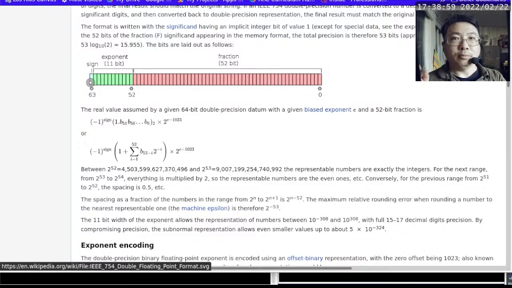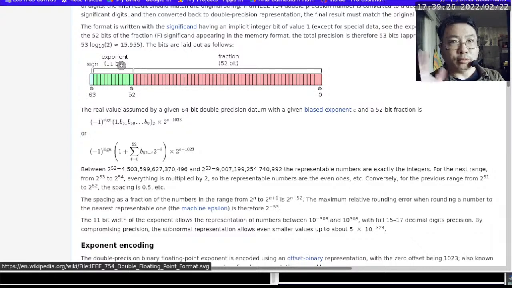It doesn't say, let's multiply 2 to the power of something and subtract it from the sum, which is what we did with signed integer representation. But in a double representation or single representation or any type of floating point number representation, the sign is just an on-off switch. Is it non-negative or is it negative? That's all it does. The exponent is not really a very good description.